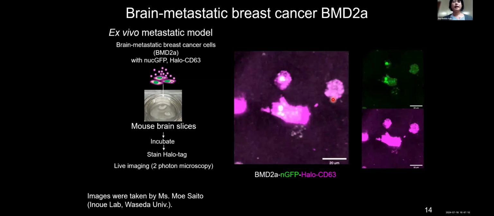Okay, so I have prepared the brain metastatic slice models, but here we have also prepared brain metastatic models using the highly metastatic breast cancer cell line called BMD2A, established from the original MDA-MB-231 cell line. Because it's highly metastatic, I expect that they are secreting more EVs and transferring more EVs towards the surrounding cells.